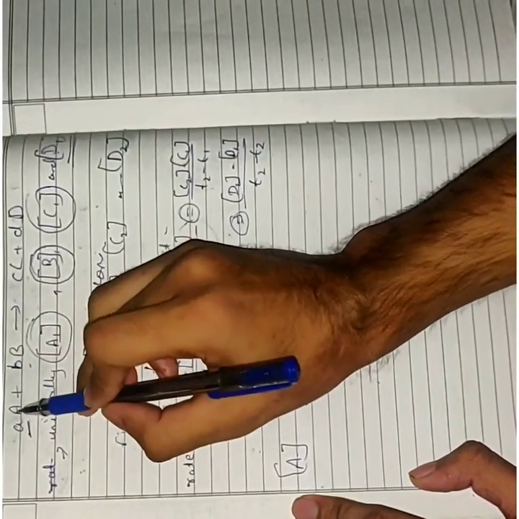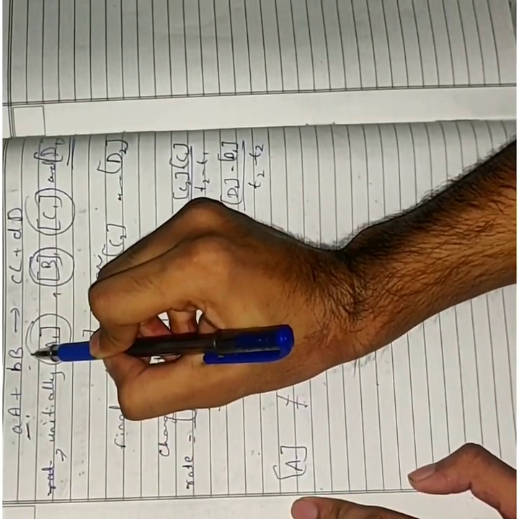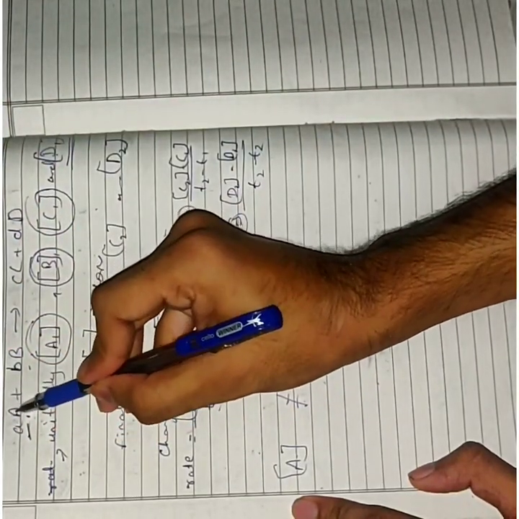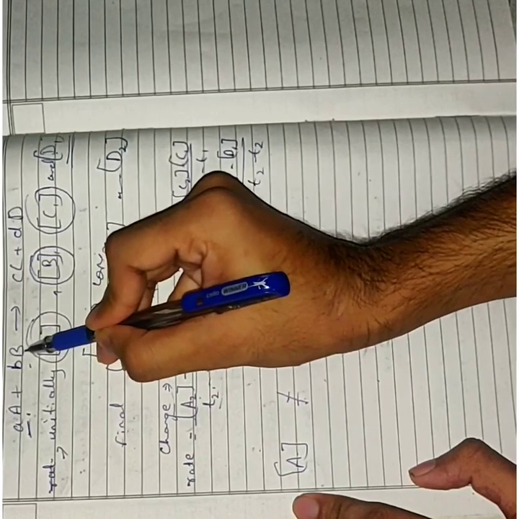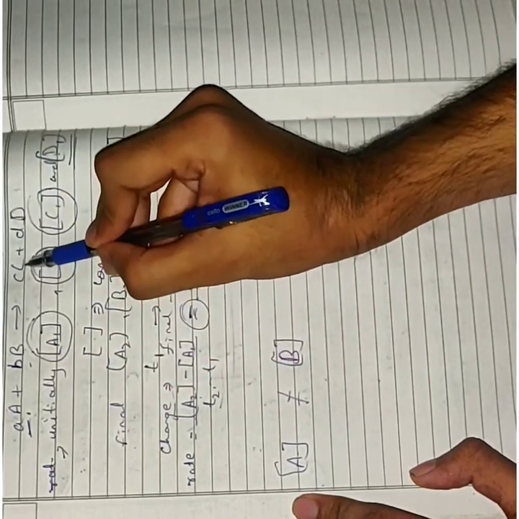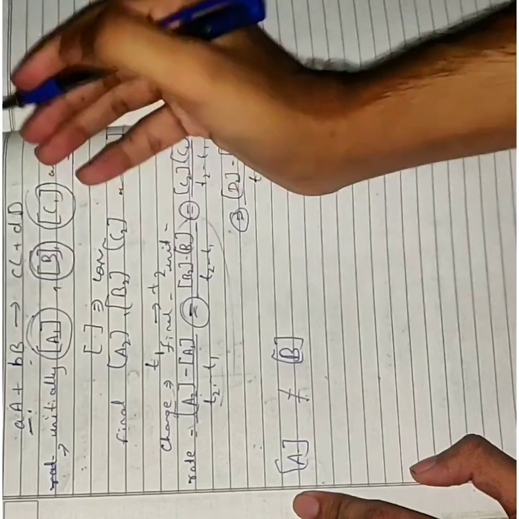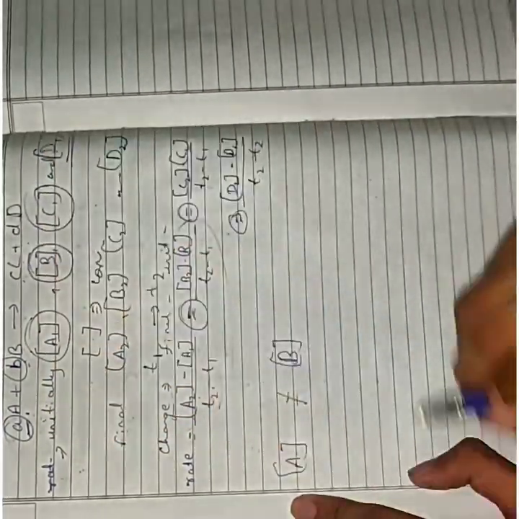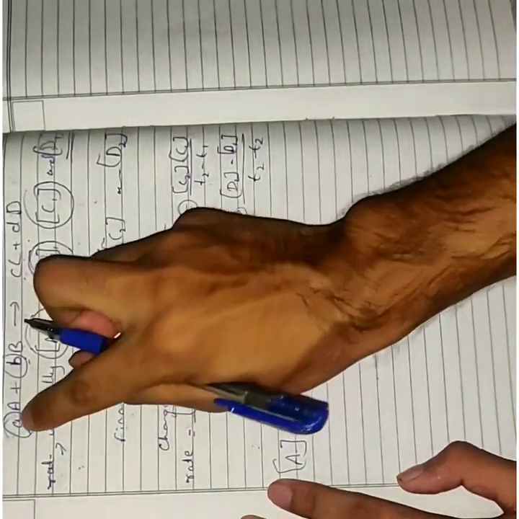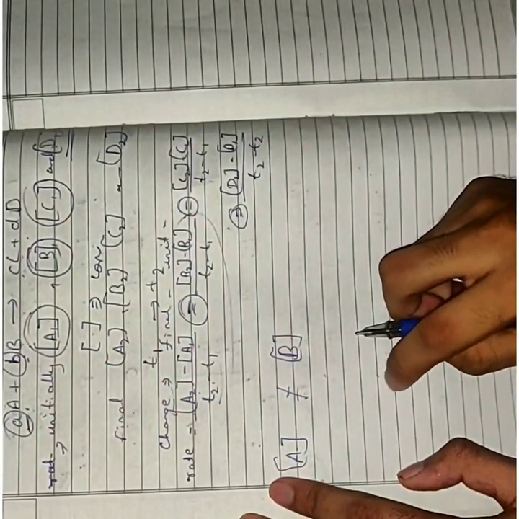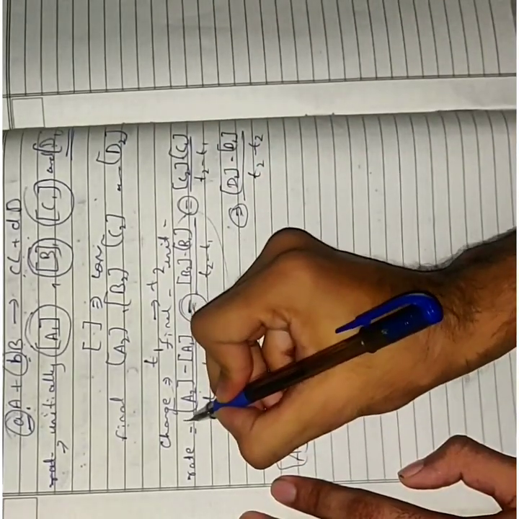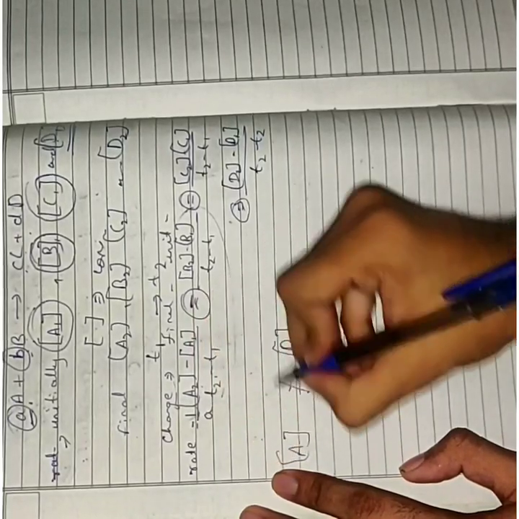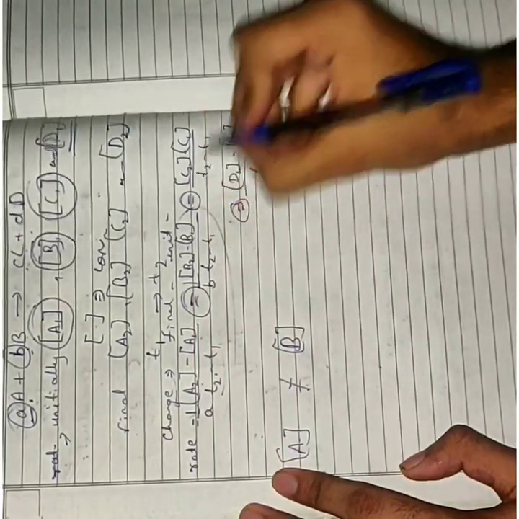For example, if this reaction requires 1A and 1B, that means when the reaction is taking place, 0.1 part of A will react with 0.1 part of B to give 0.1 part of C and 0.1 part of D, that is if the coefficients are 1, 1, 1, 1 respectively. So the stoichiometric coefficient also plays an important part here. In order to balance it with respect to the stoichiometric coefficient, we divide by the coefficient.